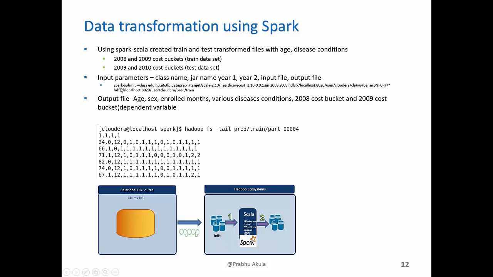Here I'm going to submit this Spark job, which is going to take my class name, job name, and year 1 and year 2 input file and output file format. As an output, I'm going to see various columns, which is the transformed data. We are going to see here 2008 cost bucket and 2009 cost bucket, which is a dependent variable which we are going to predict in the subsequent sections.